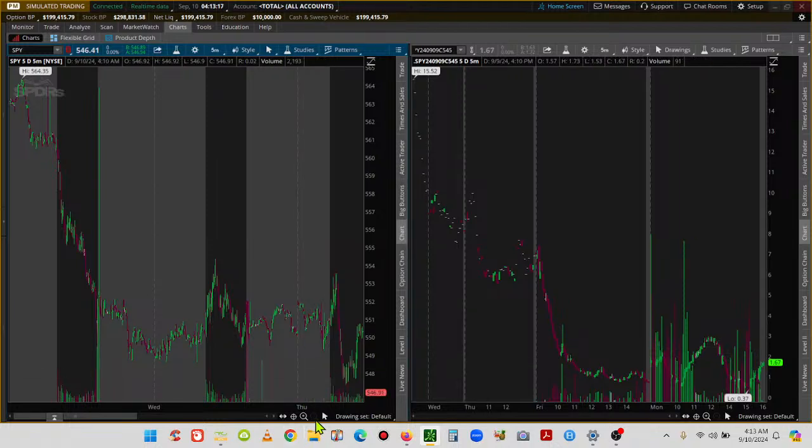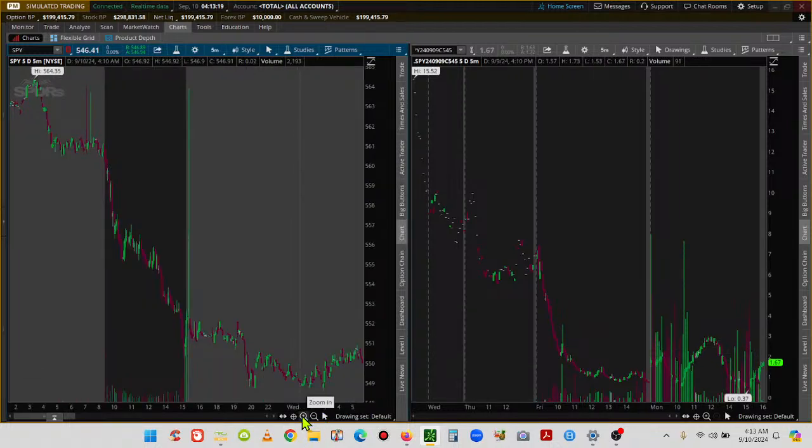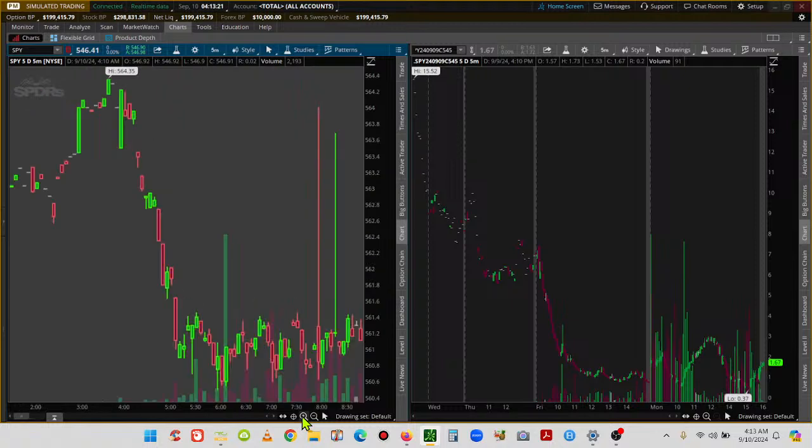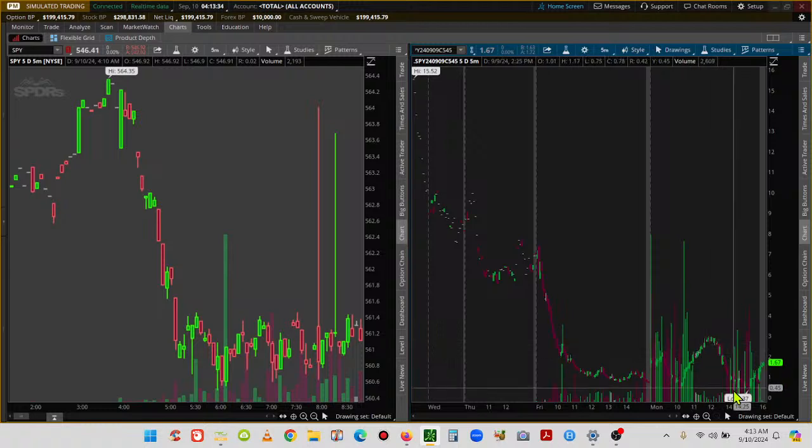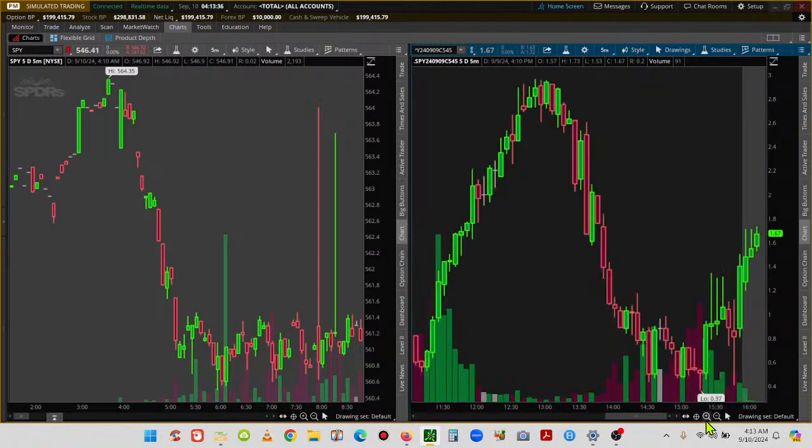Huh. It's supposed to be zoomed in like that. Okay, I think I have my live chart set up better, but I guess it zoomed out like that, so no matter what. Okay, this looks better like this.